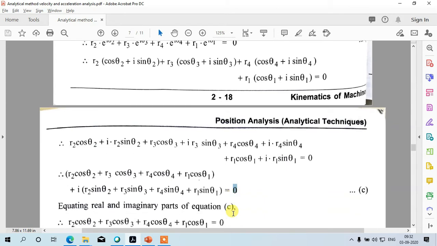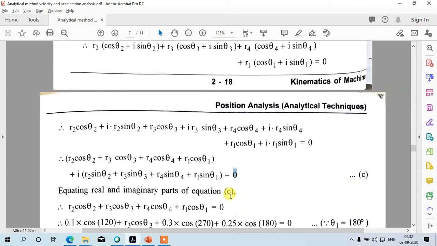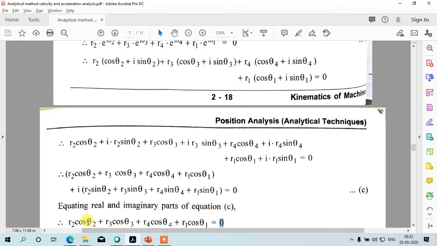So just equate the real parts and imaginary parts. First we will take the real part. If we equate the real parts of the equation, we get R2 cos theta 2 plus R3 cos theta 3 plus so on, which is equal to 0. Now in this equation we know R2 and theta 2, we don't know R3 and theta 3, R4 and theta 4 are known to us, R1 and theta 1 are known to us.